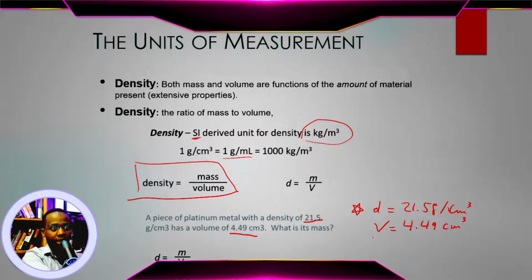And then they're asking for the mass. So this is what we have. After you lay out what you have, usually the second step is what formula do we use?